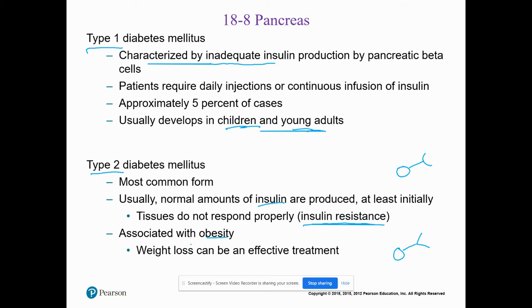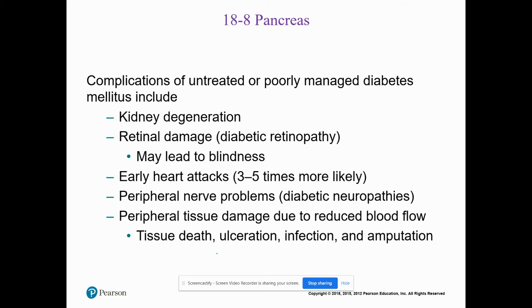But if it is associated with obesity, weight loss can be effective. But still, you have to watch your diet. You have to make sure that the sugars you're taking in are good, complex sugars, not cheapies. All right. Okay.